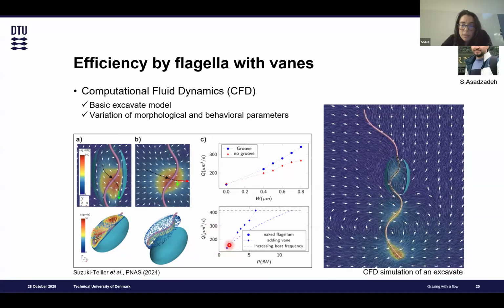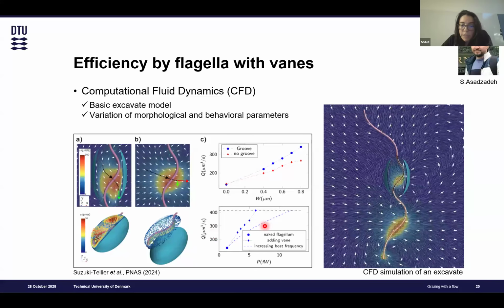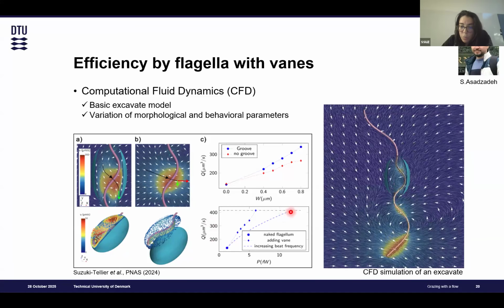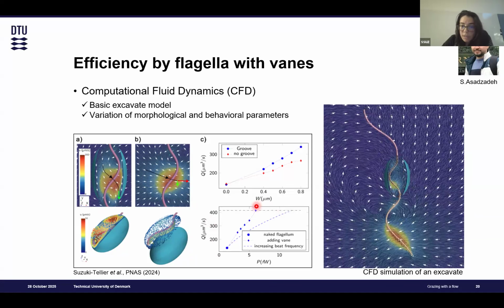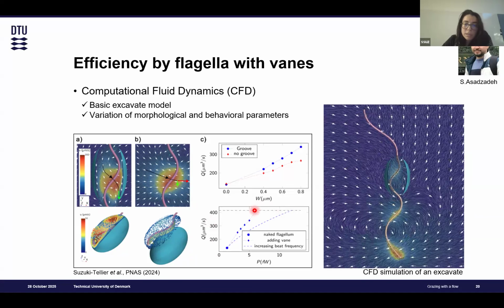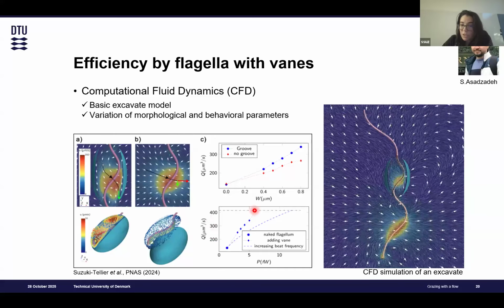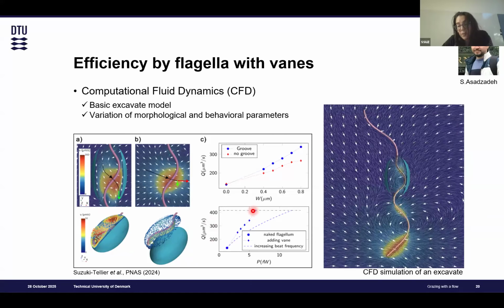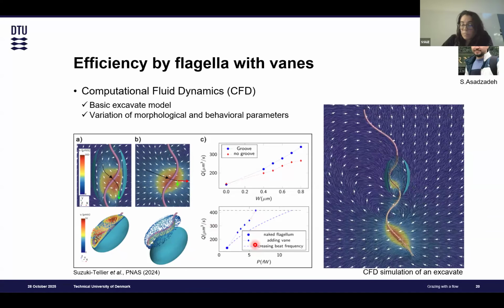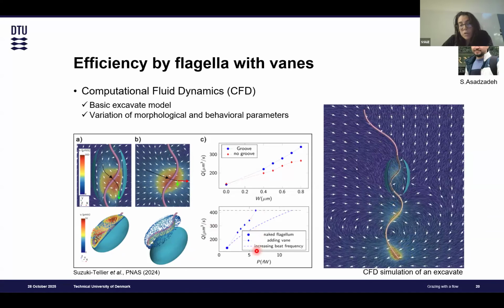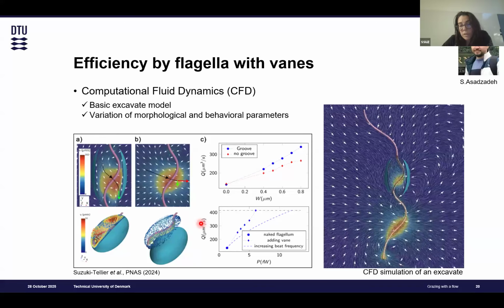By increasing the beating frequency, you need much more power to generate the same clearance rate as a flagellum with a vein, which needs much less power to generate this clearance rate.